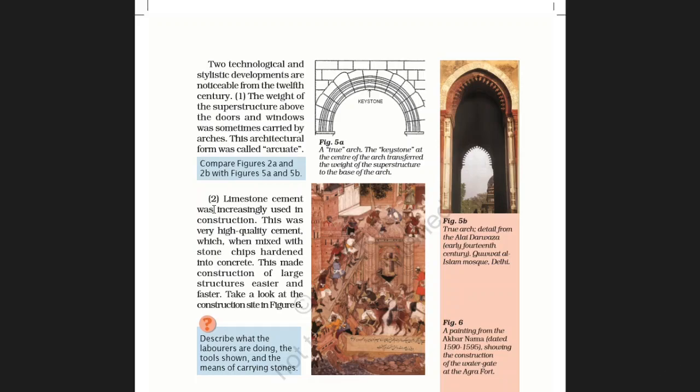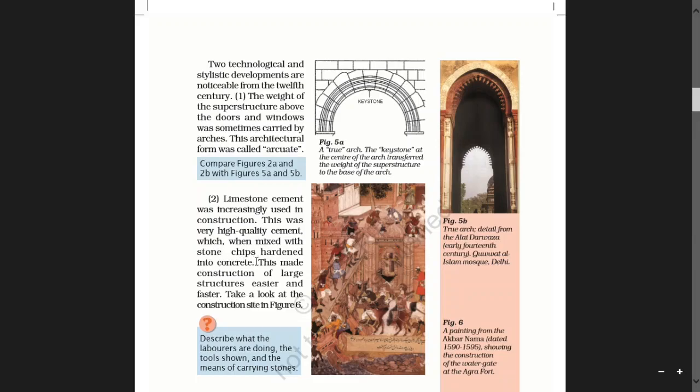The second point, limestone cement was increasingly used in construction. So in order to build a temple, limestone cement was increasingly used. This was very high quality cement, which when mixed with stone chips hardened into concrete.